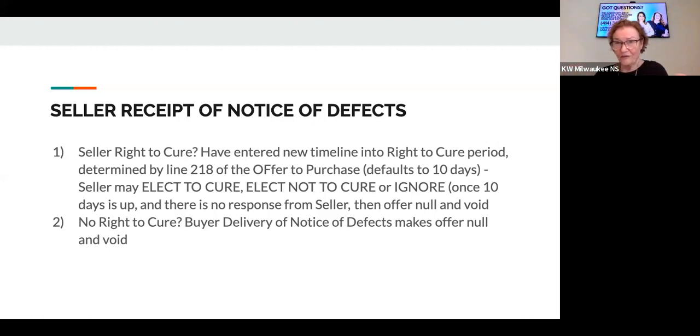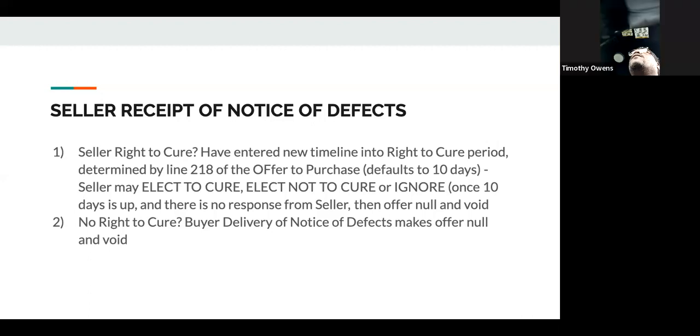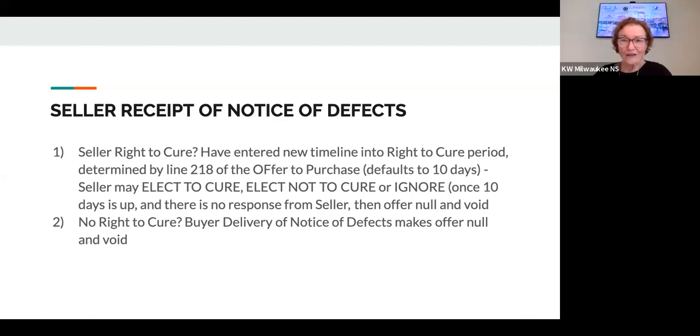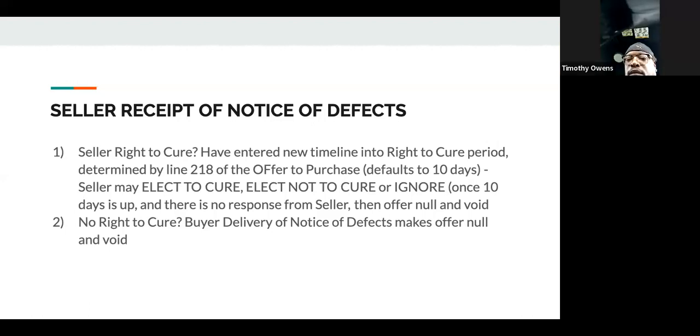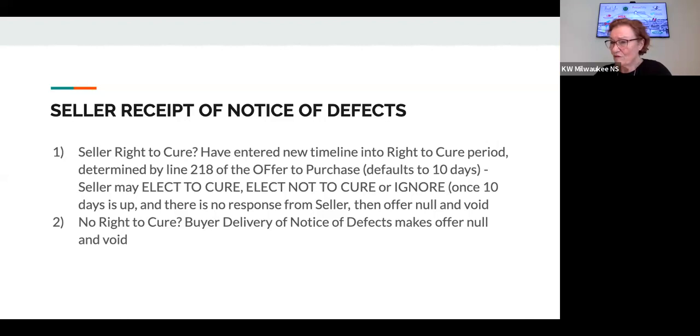Don't ever do that. Your notice of defect is supposed to be just a list of the defects, not what would happen if they're not cured, how it should be done, who should do it.